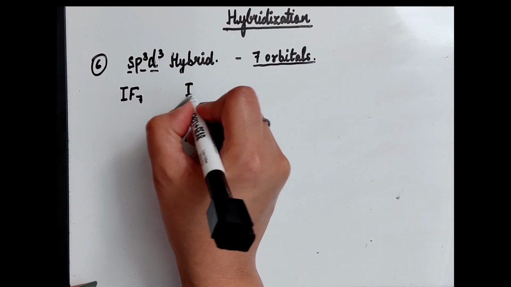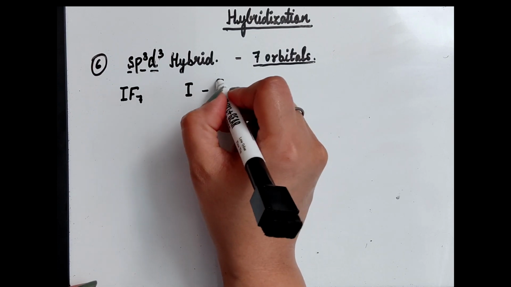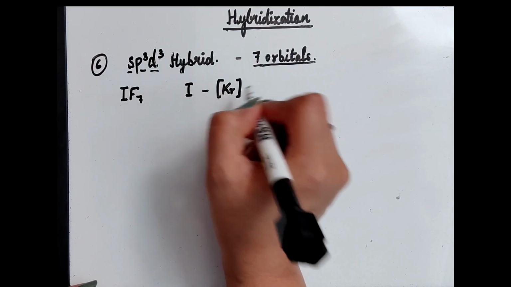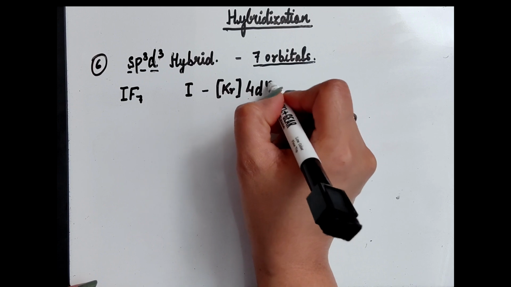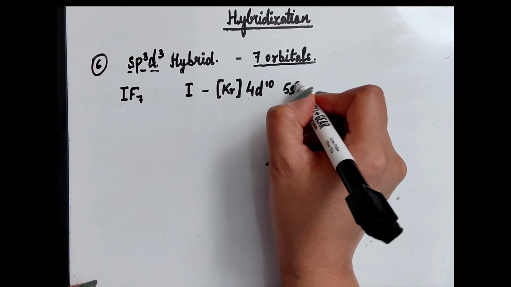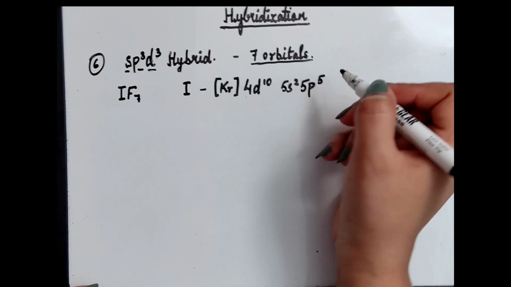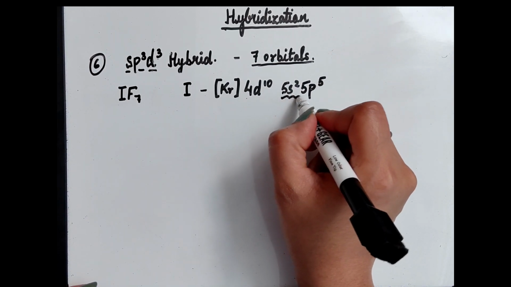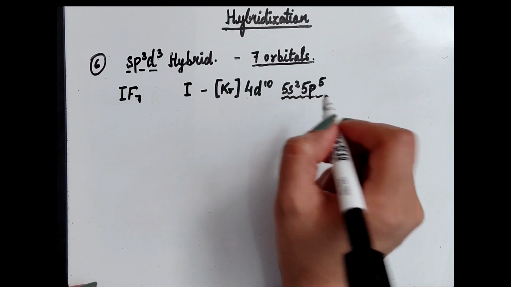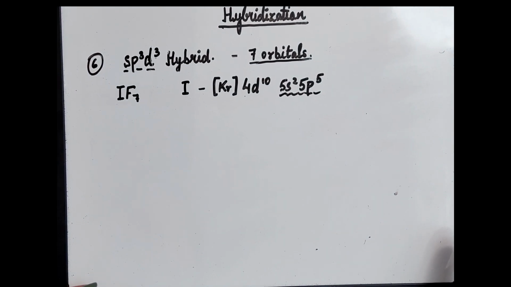Now the electronic configuration for iodine is krypton, 4d10, 5s2 and 5p5. So these are the orbitals we will be taking into consideration for hybridization.